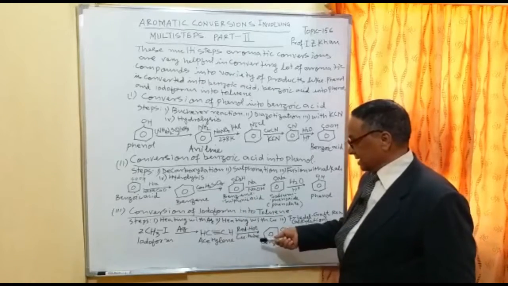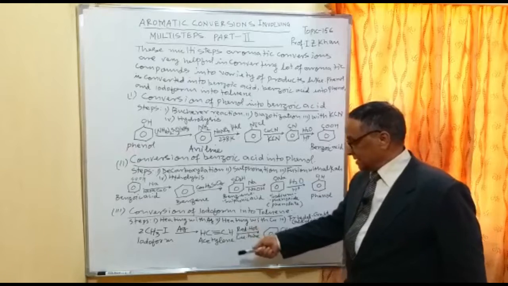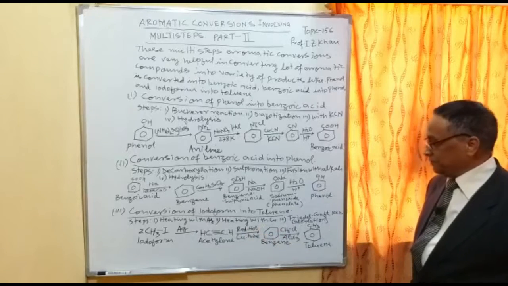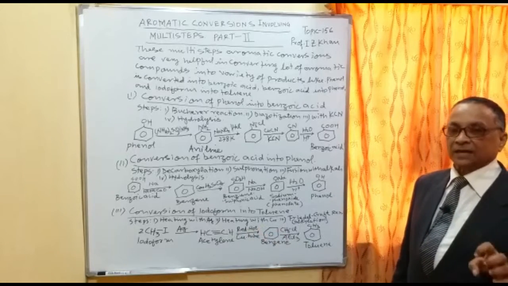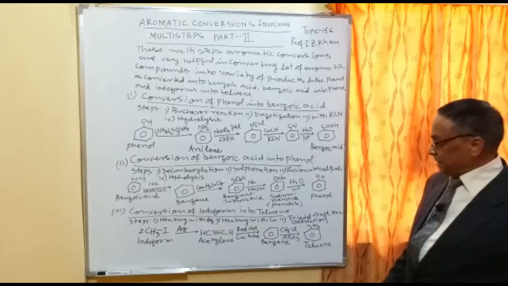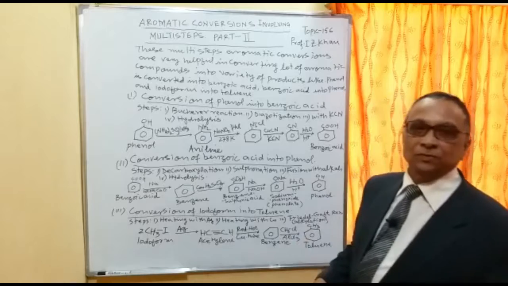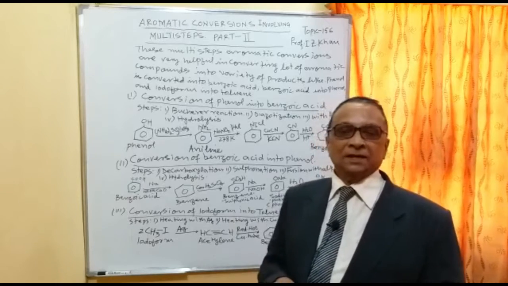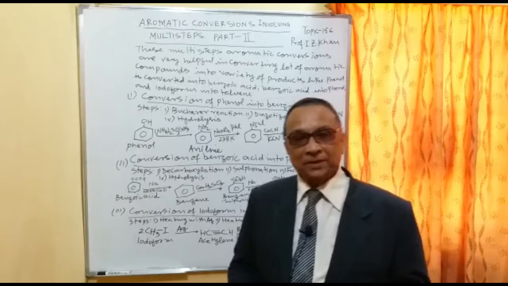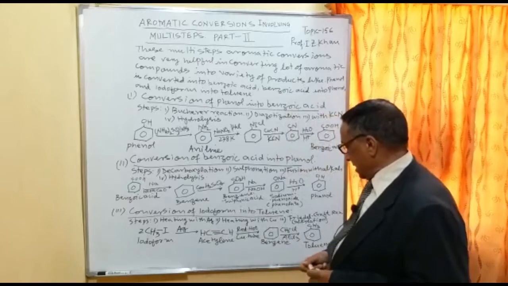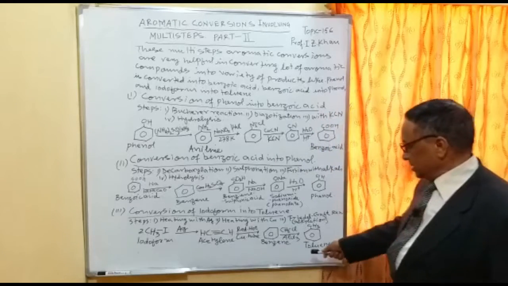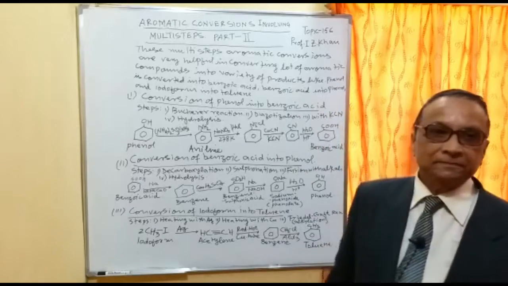Then you will get benzene, and then benzene is subjected to Friedel-Crafts reaction, that is, alkylation. In the presence of alkyl halide and aluminum trichloride, you will get toluene.